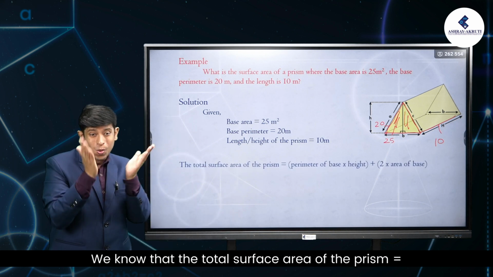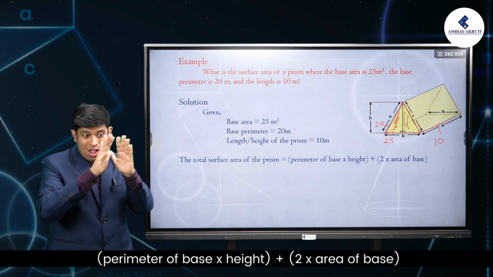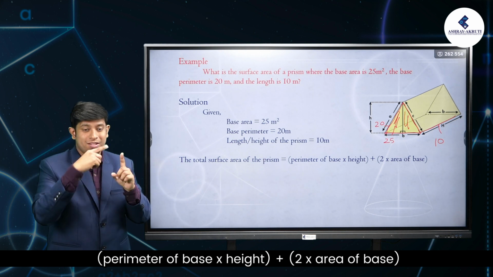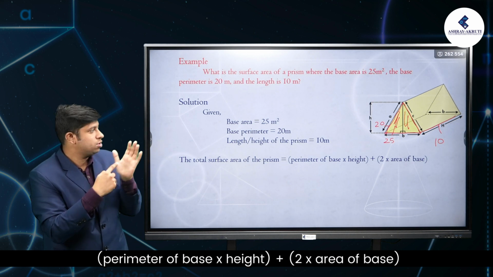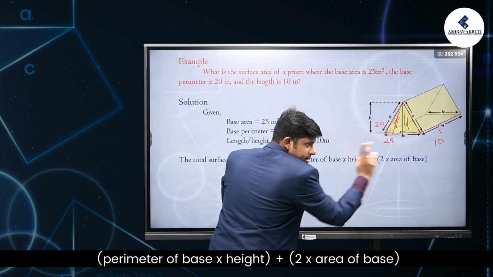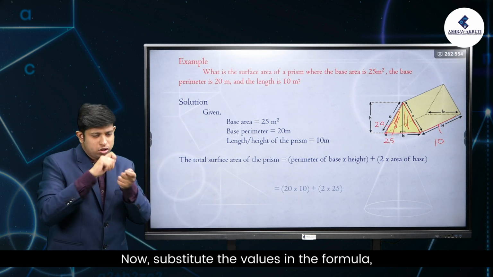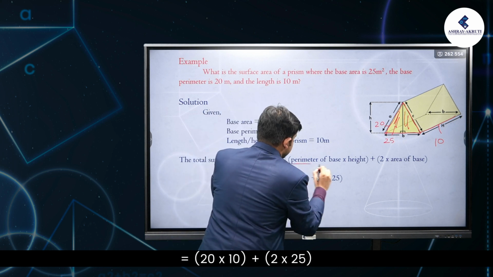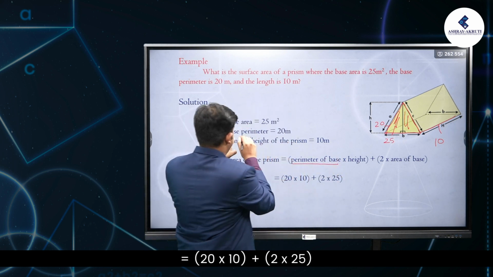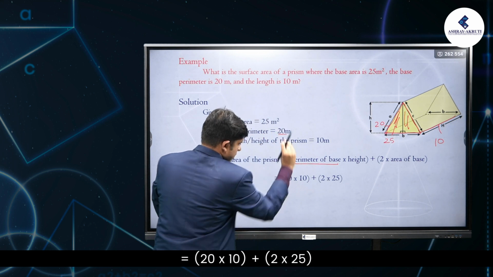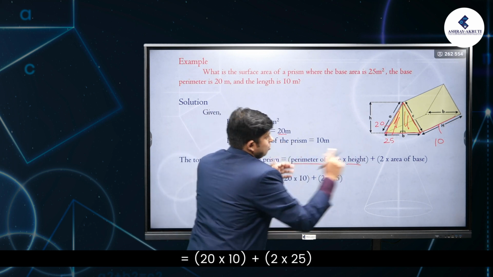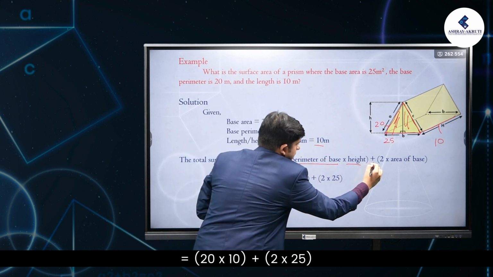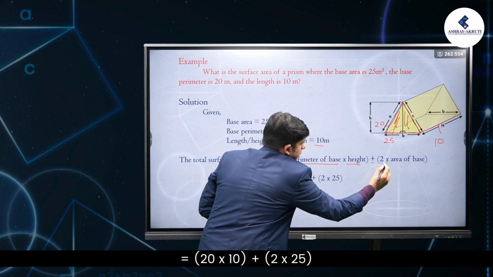We know that the total surface area of the prism is equal to perimeter of base into height plus 2 times the area of base. Now substitute the values in the formula. That is equal to 20 into 10 plus 2 into 25.